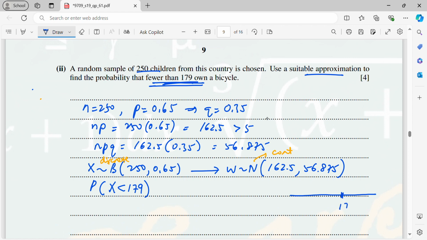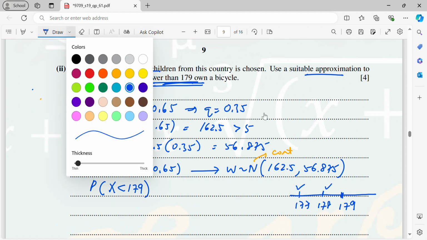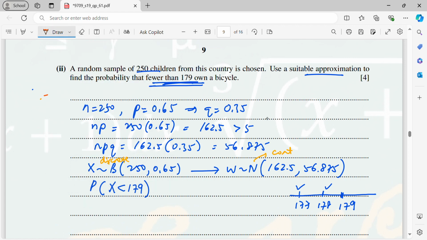So I will label 179, but less than 179, basically it is 178, 177, and so on. All these will be the x values. And now you are allowed to plus or minus 0.5 from the given x, which is 179. So when I minus 0.5, that is 178.5. When I add, it will be 179.5.